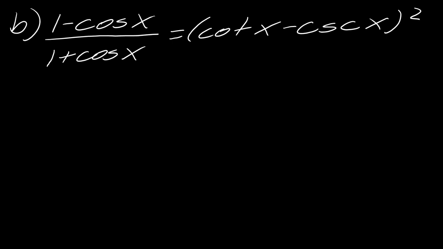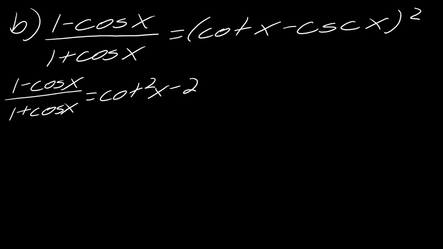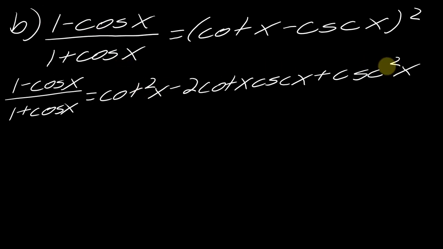Okay, so let me see if I can give myself enough space here. So let's see. Just focusing on this side, and this becomes cotangent squared x minus 2 cotangent x cosecant x plus cosecant squared x. Okay, so now I'm not really totally sure where to go from here. So I know that I can write all of this in terms of sine and cosine.